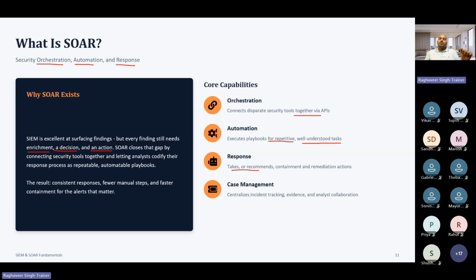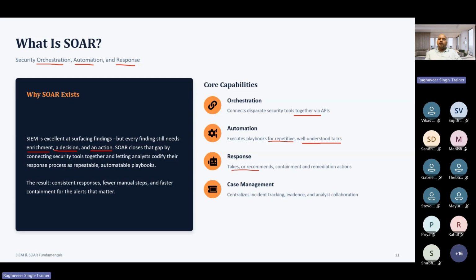You will also perform a user search and see whether that user was involved in failed logon attempts on other systems also. So you will do investigation and correlation, right? After investigation and correlation, you will come to a conclusion that yes, we need to disable this user with immediate effect because this user has been reported to perform brute force attack or to attempt to log into multiple systems in the last 24 hours.